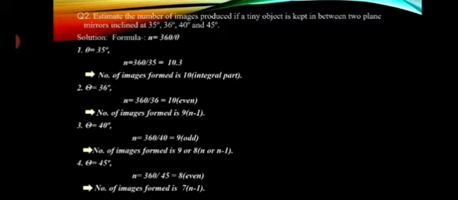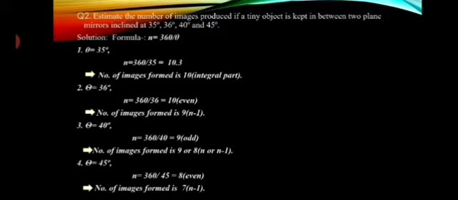The formula will be the same, that is small n is equal to 360 degrees divided by the angle of inclination. Now for 35 degrees we get the number of images as 10. Here also we have rounded off the number to an integral value. Second, for the angle of inclination of 36 degrees, we get exactly small n as 10.